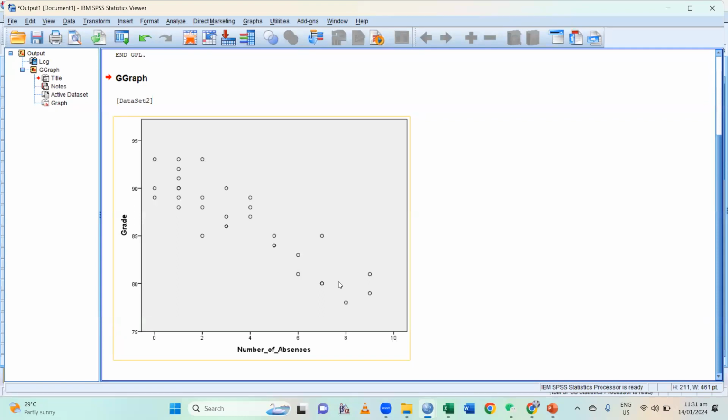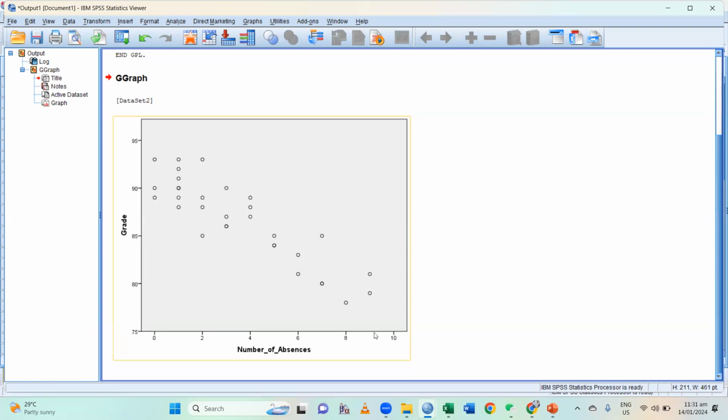Again, it's either rising or falling from left to right. Look at it. If it goes from left to right and falls, the slope is negative. But if it goes from left to right and rises, the slope is positive. So are you expecting a negative or positive relationship here? Negative, correct. So therefore, I'm expecting the slope to be negative. I'm also expecting the value of R to be negative. But again, let's check if they are significantly related or not.